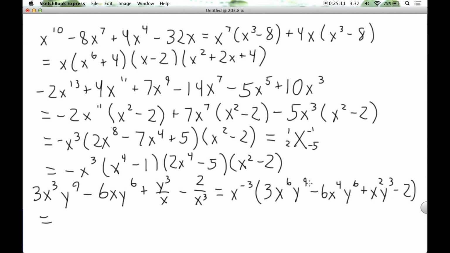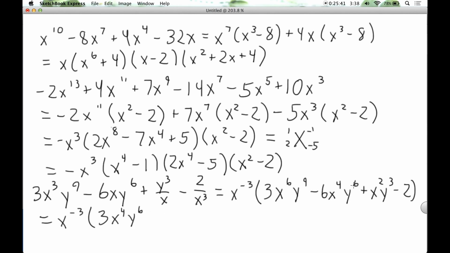The challenge is that we still have to group these terms into two groups and then factor out x's, y's, and constants from all of them. So just looking at these first two terms, what can we factor out? We'll go one step at a time. First, don't forget the x to the negative 3 in front. Now, what can we factor out from these two? In terms of constants, we can factor out a 3. In terms of x's, we can factor out x to the 4th. And for the y's, we can factor out y to the 6th.